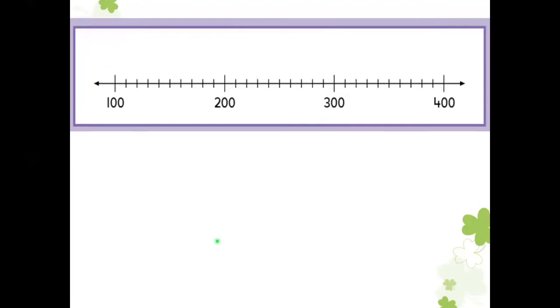Okay, so I want you to look at this number line. So this number line starts from 100 and it ends with 400. Now what number is showing on this picture? So this arrow is pointing to what number? 150. Why 150? Because we have here 110, 120, 130, 140, and 150.